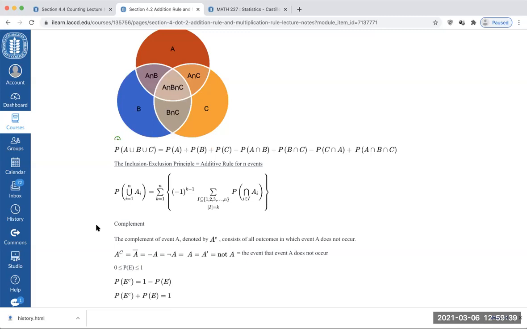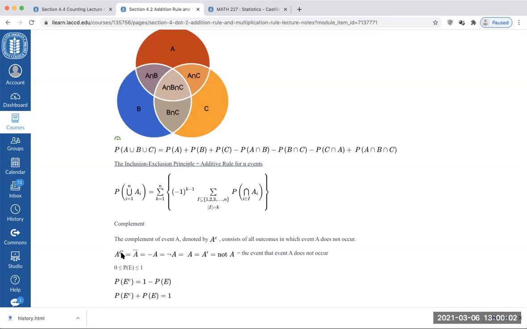So remember, and this is a repeat, because basically this is the same statement for sets and for events. The complement of an event, denoted by A to the superscript C, consists of all outcomes in which event A does not occur.